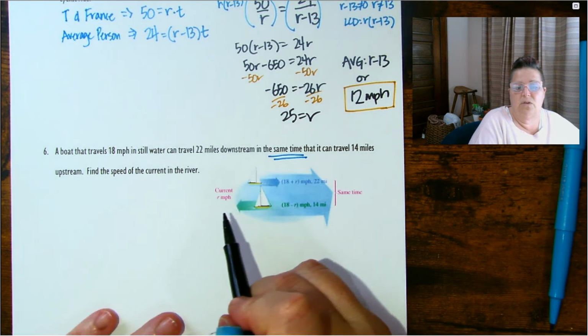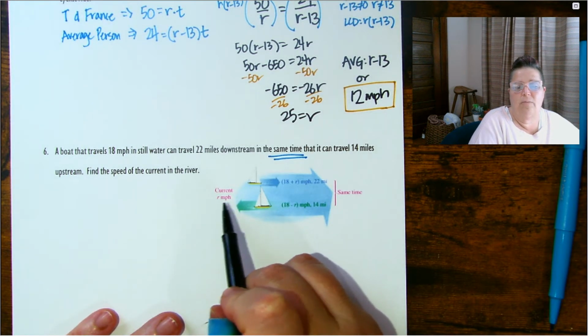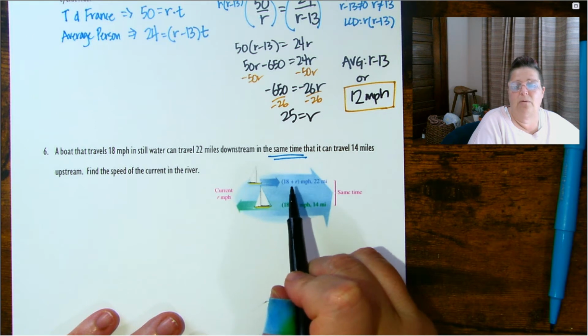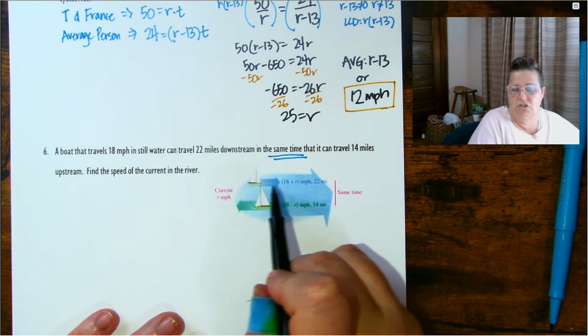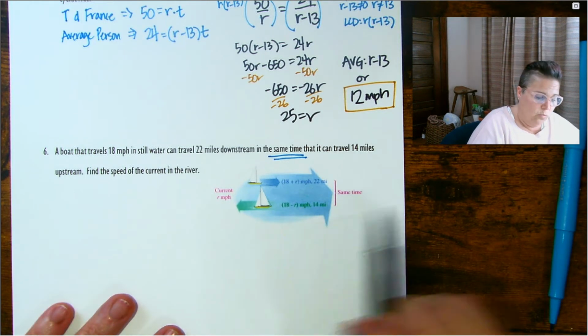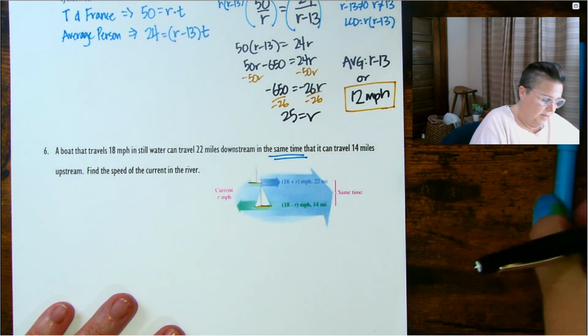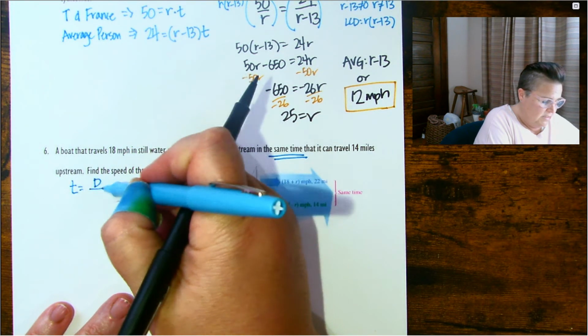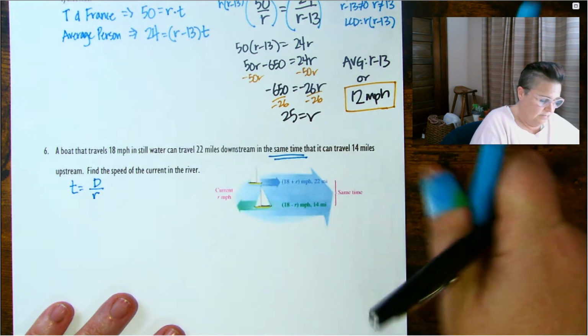All right, so the current is traveling at R miles per hour. That's unknown to us. Downstream is 18 miles per hour plus the current, and it goes 22 miles. So we know from up above and from the last problem that we're going to use time is equal to the distance over the rate.